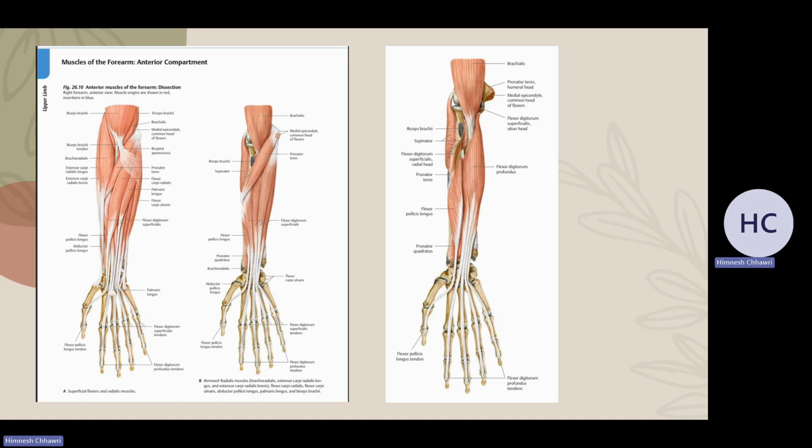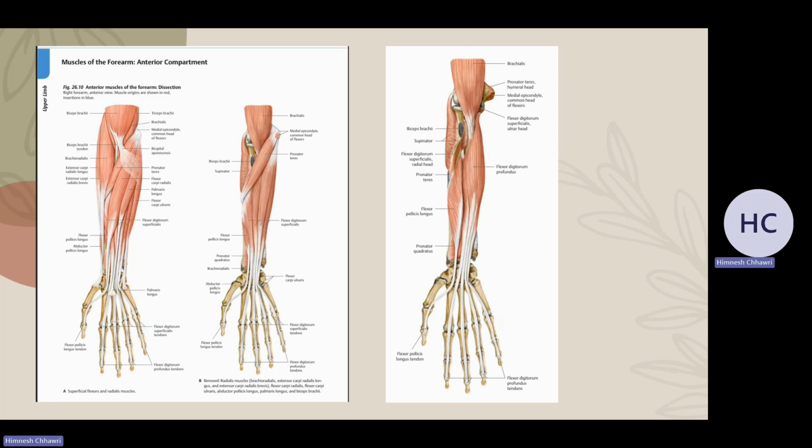Why does this split? Now we know the reason, because the profundus tendons move through the splitting into the distal phalanx. The superficial is here, but the profundus moves through this into the distal. Okay, easy.